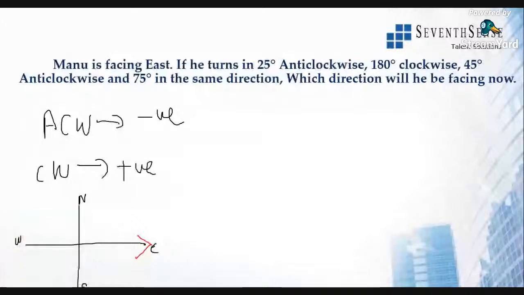Now write down the points. Whichever is anti-clockwise, always mention negative. So it will become minus 25. Then clockwise is plus, so add plus 180. Then 45 anti-clockwise becomes minus 45. Then 75 in the same direction, in the sense it will be minus 75.